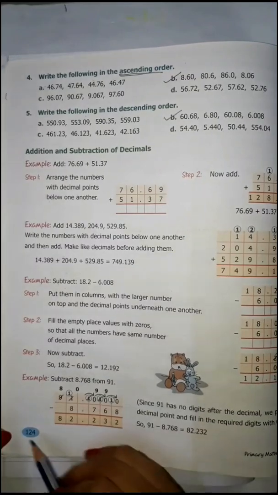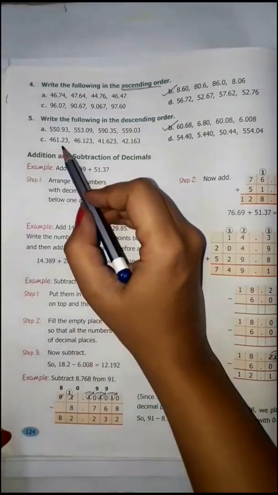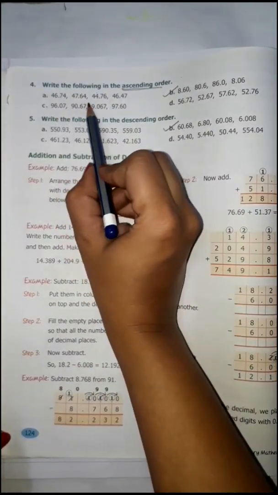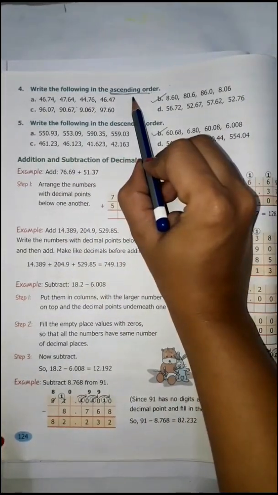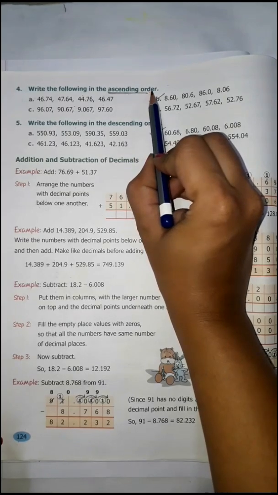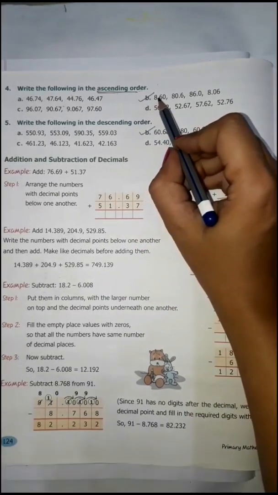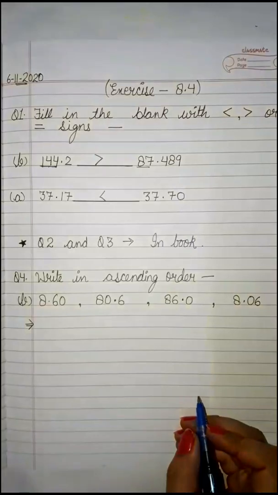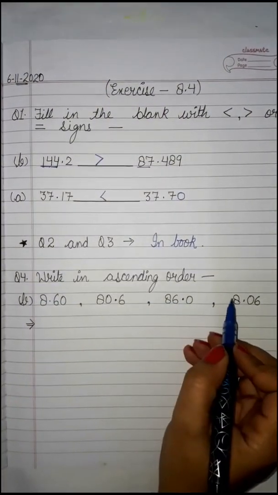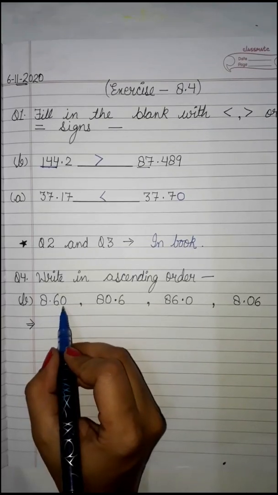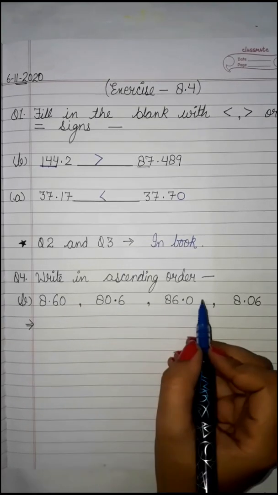Children, turn to page 124. See question number 4. In this we have to write these numbers in ascending order. You know, ascending order means smallest to biggest. So see the B part in the register. See children, these are the numbers given to us. First we will see the decimal part, whether they are like decimals or not.